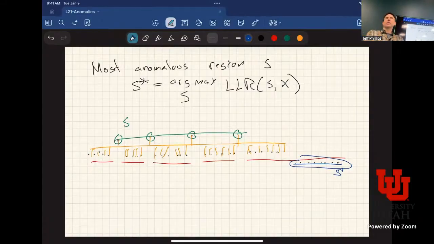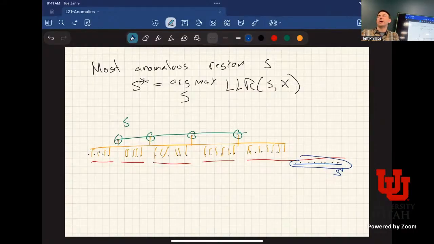Which one do you think is the right way to do this? The green one will probably give a smaller score here. Okay, so let's say the green one gives a larger log likelihood ratio score.